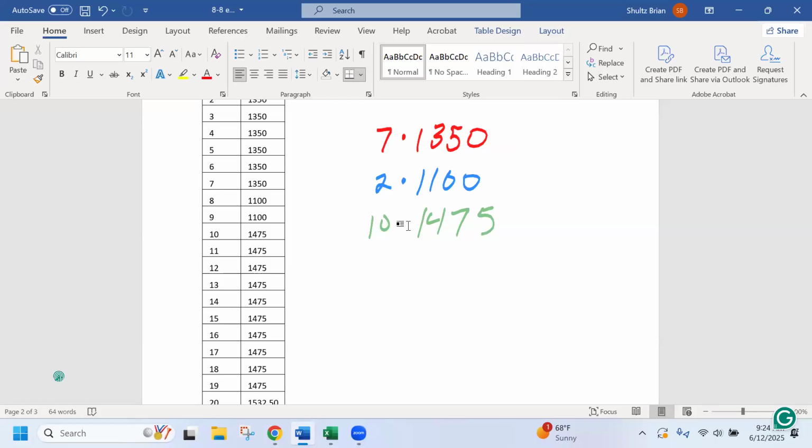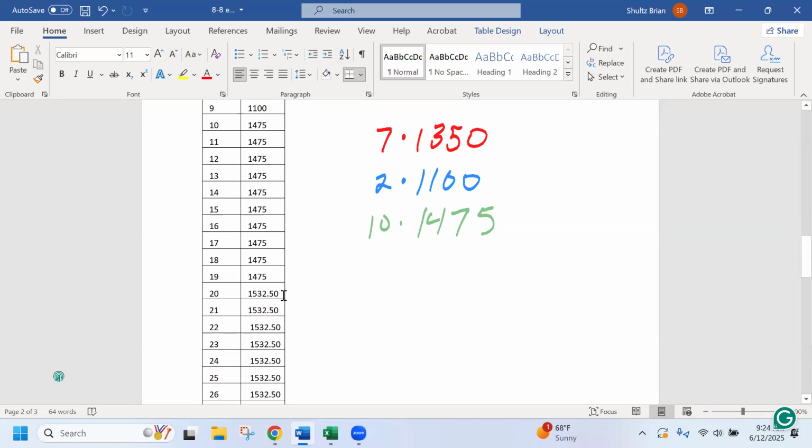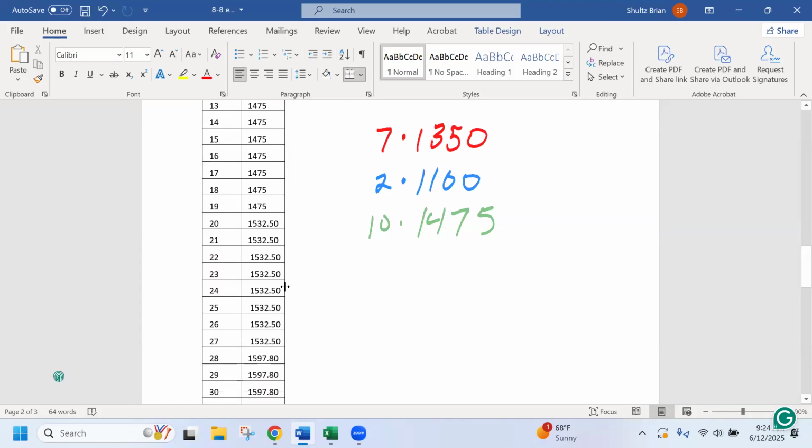And then I'm going to come down here and I've got a new balance starting on the 20th day down to the 27th day. So 1, 2, 3, 4, 5, 6, 7, 8 days at 1,532.50.